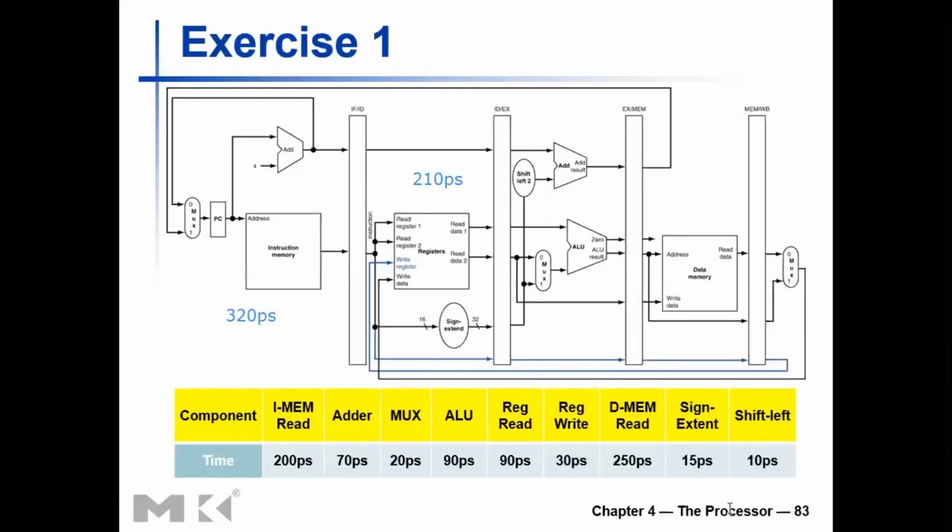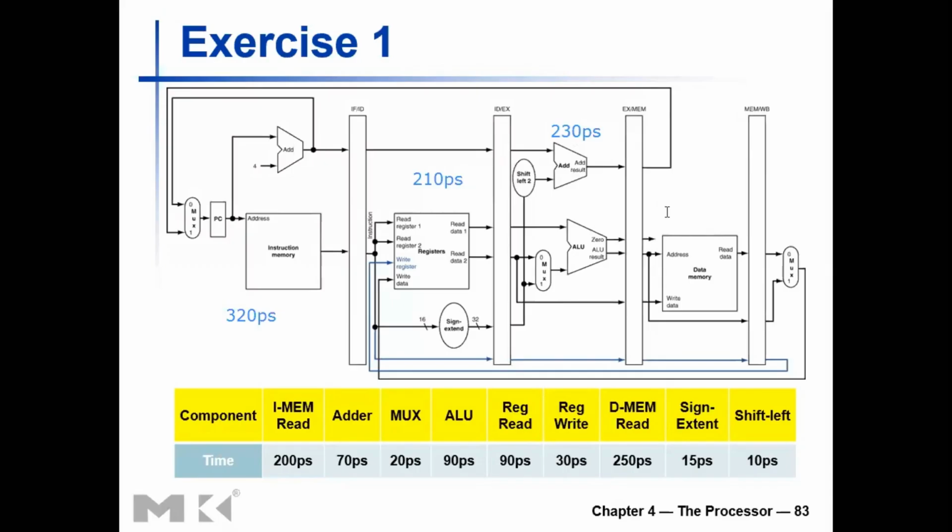So the shift left operation 10 picoseconds and adder 70, so 80 altogether for that. In parallel to that, the multiplexer 20 and ALU 90, so 110 added with 120, that is the dominant delay, so 230, right? So 230 picoseconds there in that stage, right?